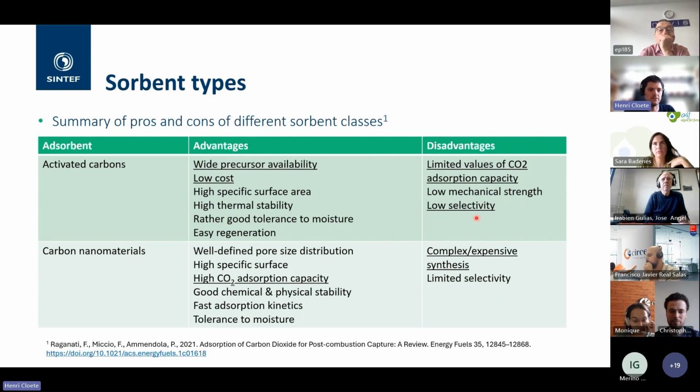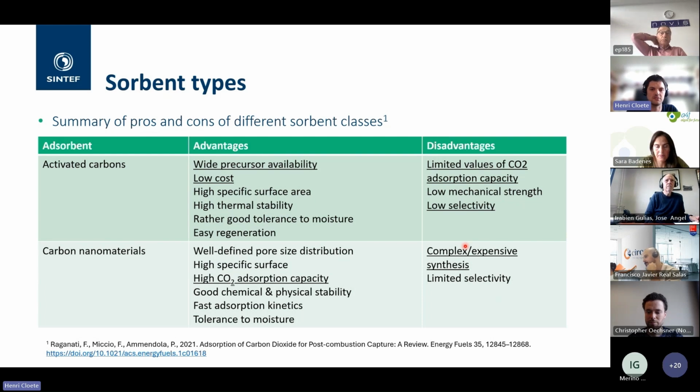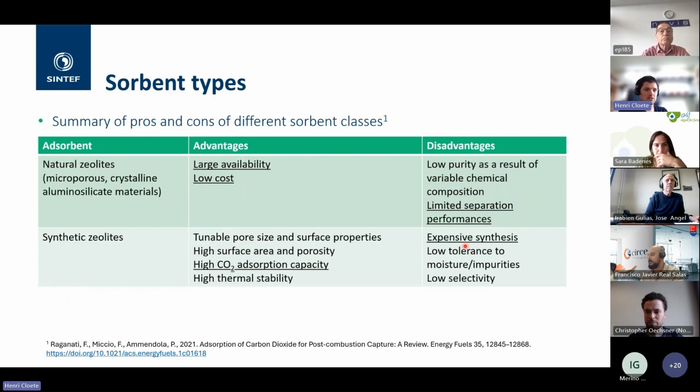A way to overcome this with carbon materials is to use more synthetic carbon nanomaterials that, through well-defined pore size distribution and a specific surface, can increase the adsorption capacity, but then the manufacturing of these adsorbents is a lot more complex and more expensive. Then there's also a lot of work on using natural zeolites for CO2 capture. For those not from a material background like me, zeolites are a group of microporous crystalline aluminosilicate materials.